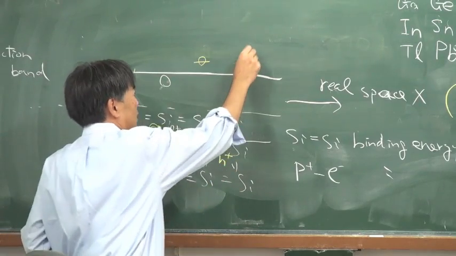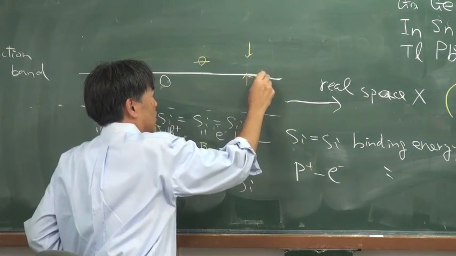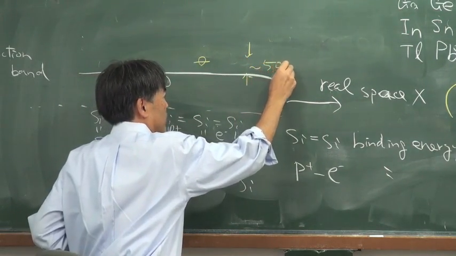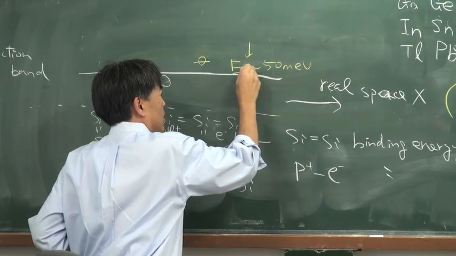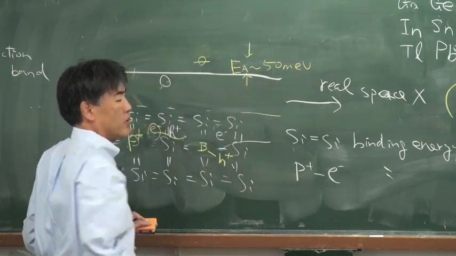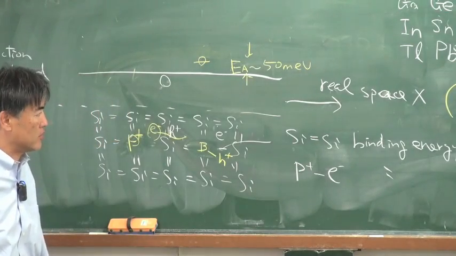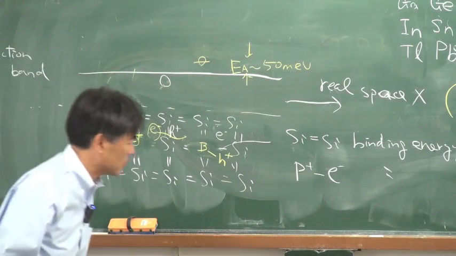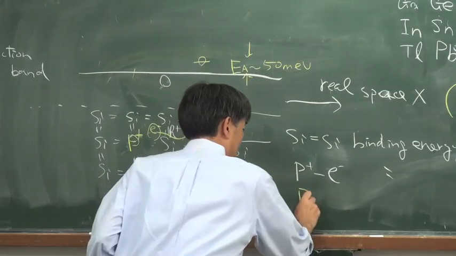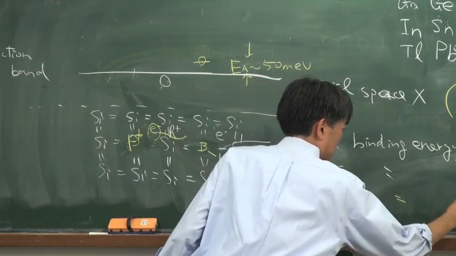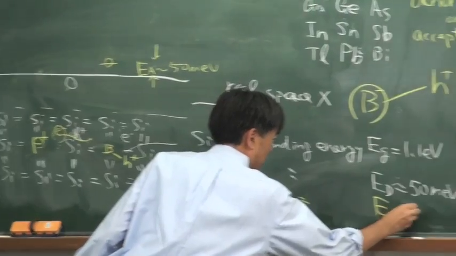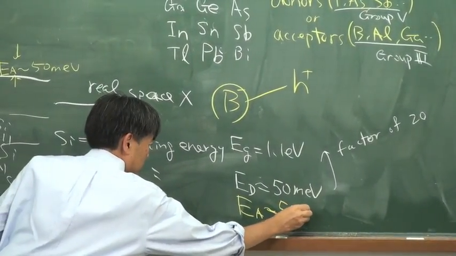And this energy is roughly 50 millielectron volts. This is the acceptor ionization energy. Okay? So boron minus, hole plus, acceptor ionization energy, roughly 50 millielectron volts.